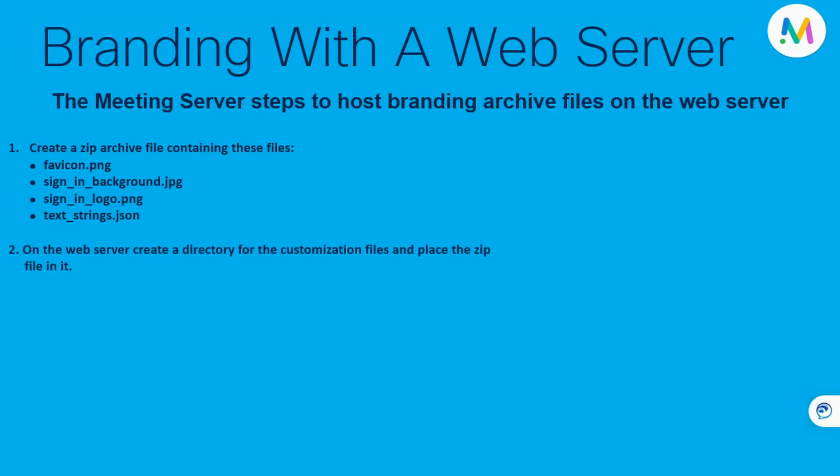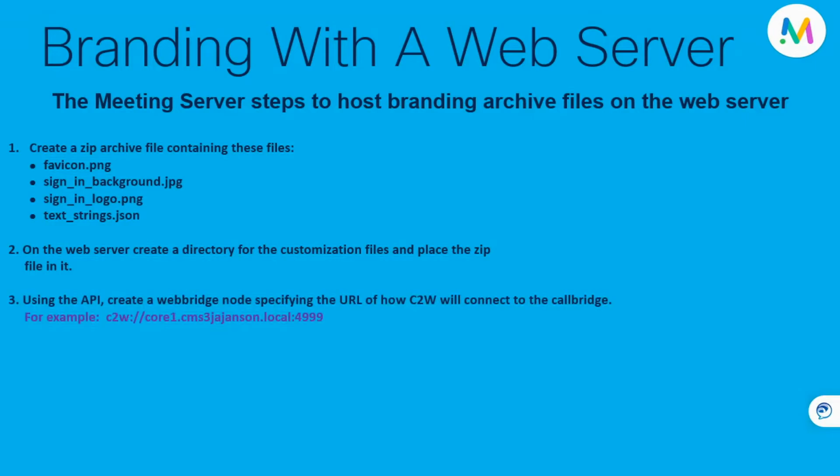3. Using the API, create a WebBridge node specifying the URL of how C2W will connect to the call bridge. For example, c2w://core1.cms3jajansen.local:4999 will reach my call bridge. 4.